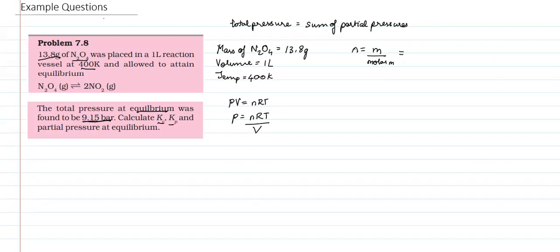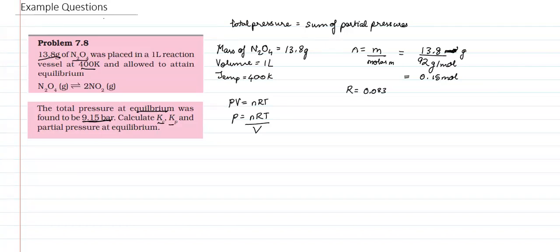The mass given is 13.8 grams divided by 92 grams per mole, and this gives us 0.15 mole.